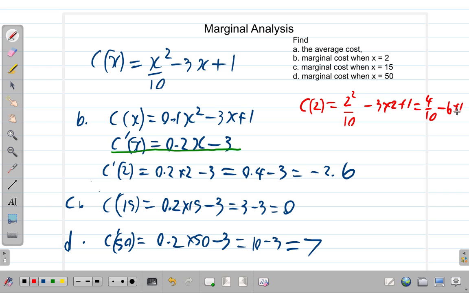But minus 6 plus 1 would be minus 5. So 4 over 10 is the same as 0.4. So what we have is 0.4 minus 5, which will be negative 4.6.